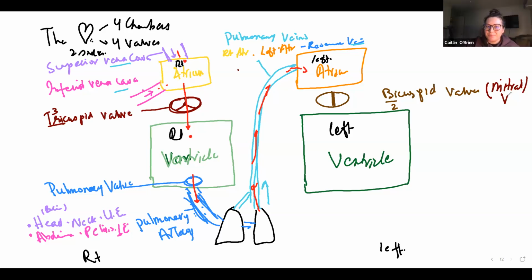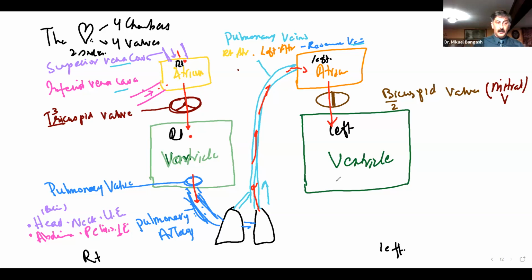Good. So once you have passed through the mitral valve, because it opened, now you are in the left ventricle. The mitral valve, or bicuspid valve, closes. Now it's just about time that you leave the left ventricle as well.